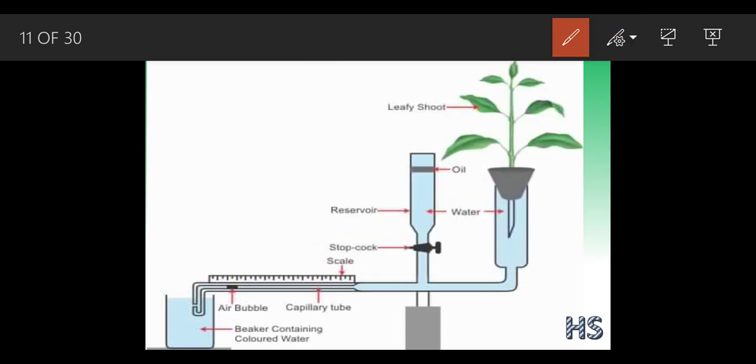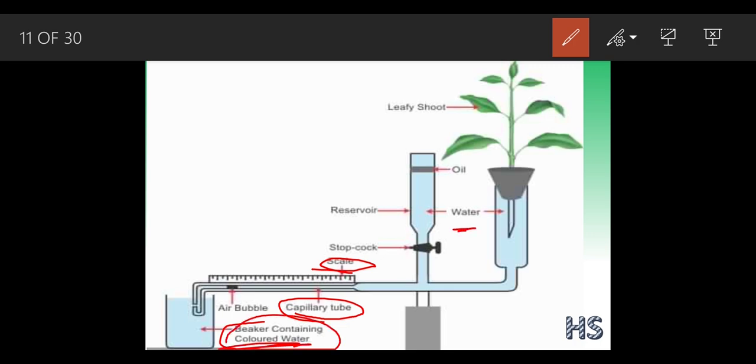Now we are going to take the scale. Why do we take the scale? For measuring the rate of transpiration. This is a capillary tube. Capillary tube means the tube which is going to carry up this water and the bubble. There is one more thing, a beaker which is containing colored water.